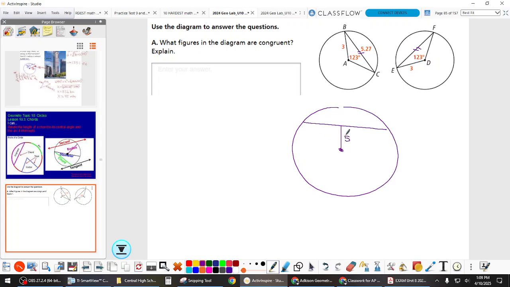Let's say I tell you that's 5, whatever circle we're drawing here, and that's also 5. What do you think is true about those two chords? I'll put some letters.